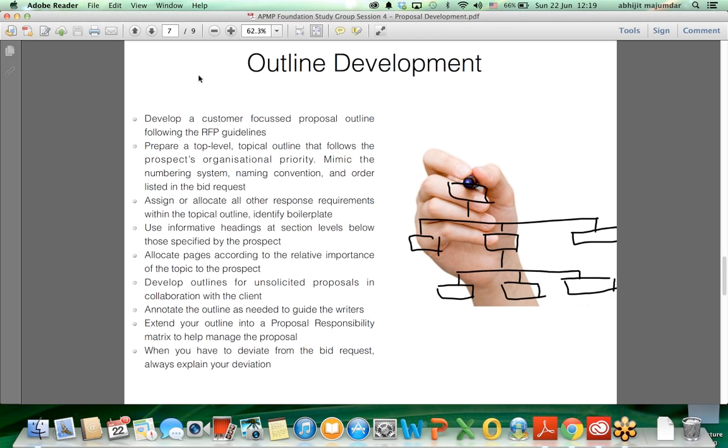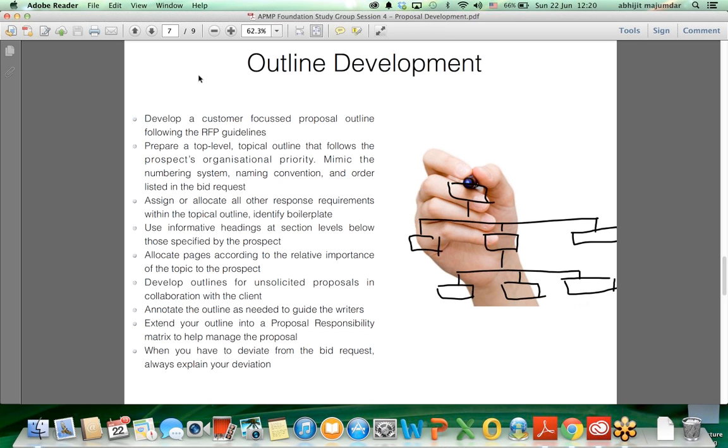So you can use your proposal outline to allocate the proposal sections to different members in the proposal team, and use their inputs to write the proposal. You should use informative headings at section levels below those specified by the proposal.